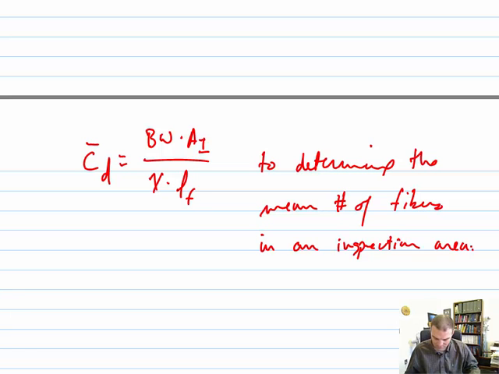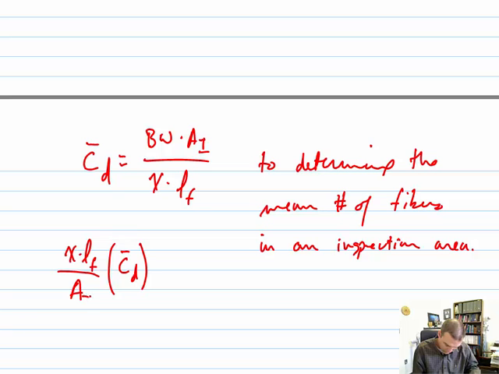You can actually see here there's a direct relationship between basis weight and center density. So if we wanted to calculate the basis weight knowing the center density, we just rearrange this, and we can solve on this side for x L sub f over area of inspection, and that will give us our overall basis weight.